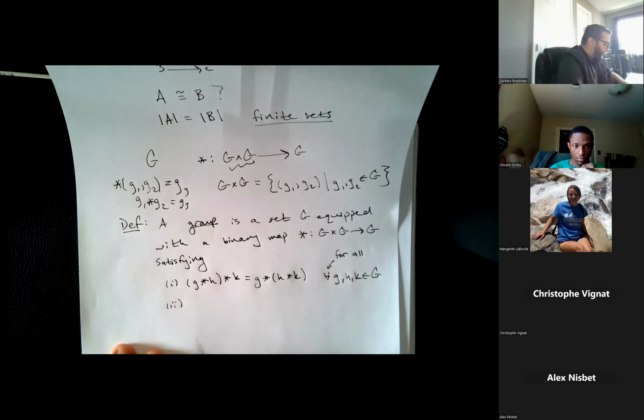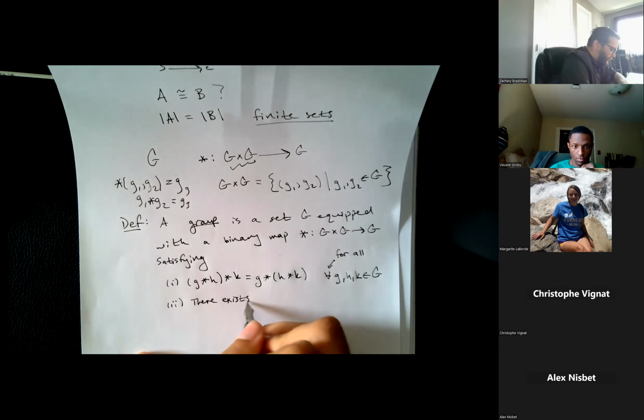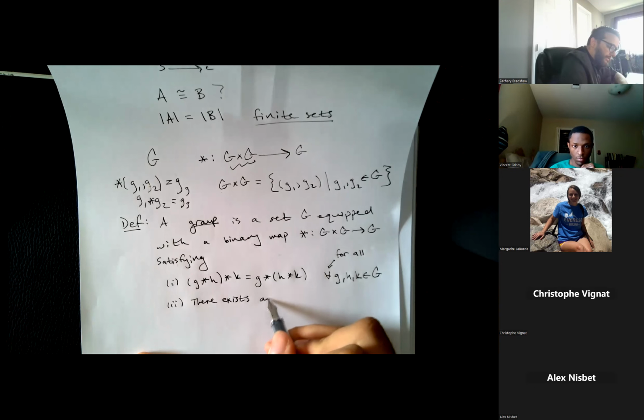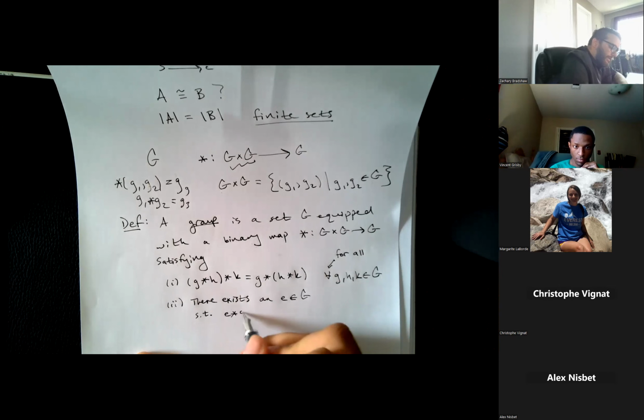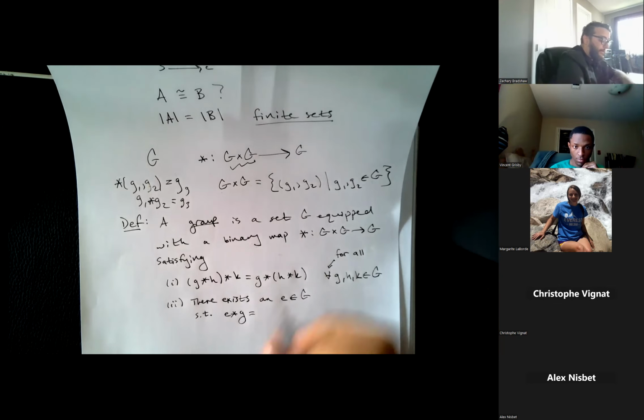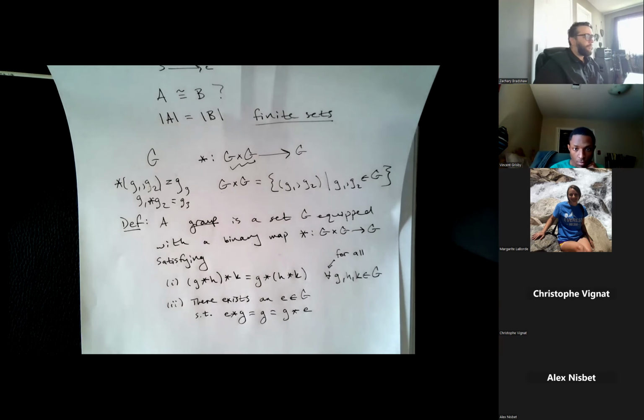And the second is we need the existence of an identity element. So we need that there exists an element E in the group. It doesn't really matter what we call it, but let's use E, such that the action of the map on E with G just gives us G. And in fact, it works the same both ways.